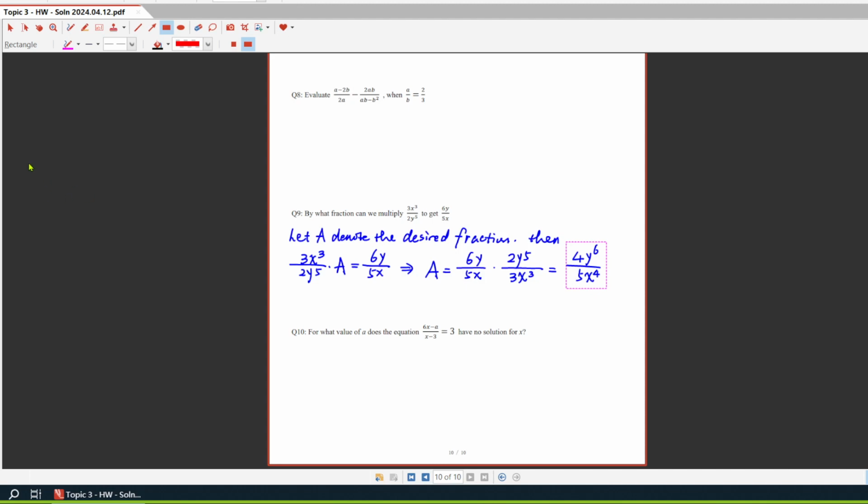Alright, if you don't have any questions, these are the solutions to the homework of topic 3.